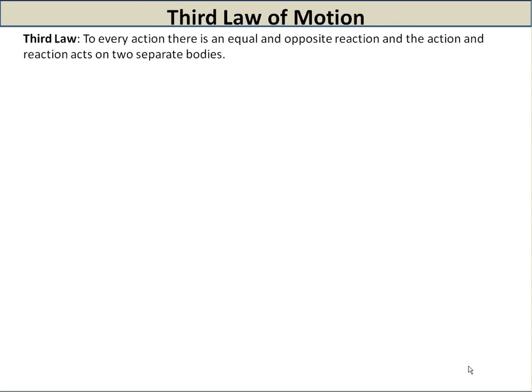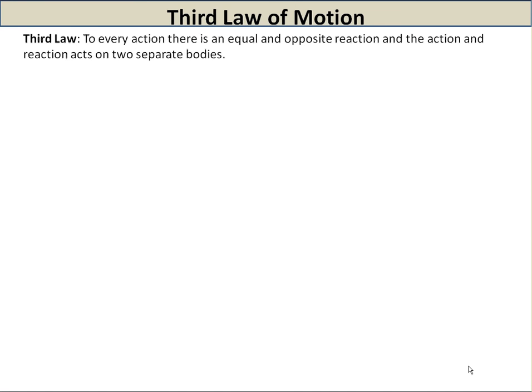At the same time, you feel the force that the ball exerts on your foot. Similarly, when you pull a sofa, the sofa moves forward because you exert a force on the sofa, but at the same time you feel the pain of pulling the sofa because the sofa in turn exerts a force on your hand. So in each of these cases, the force that you exert on the body is opposite in direction to the force that the body exerts on you.